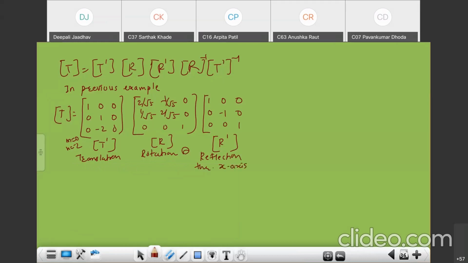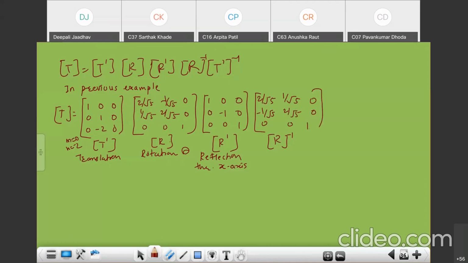So this is the transformation matrix. The next transformation matrix is the inverse of this R. So 2 by root 5, 1 by root 5, since cos of minus theta is equal to cos theta, minus 1 by root 5, 2 by root 5, 0, 0, 0, 1.